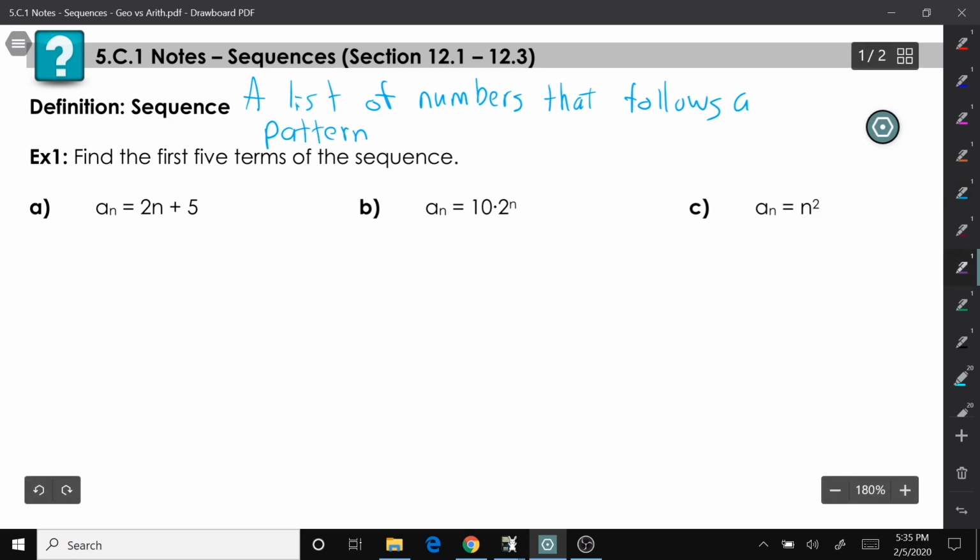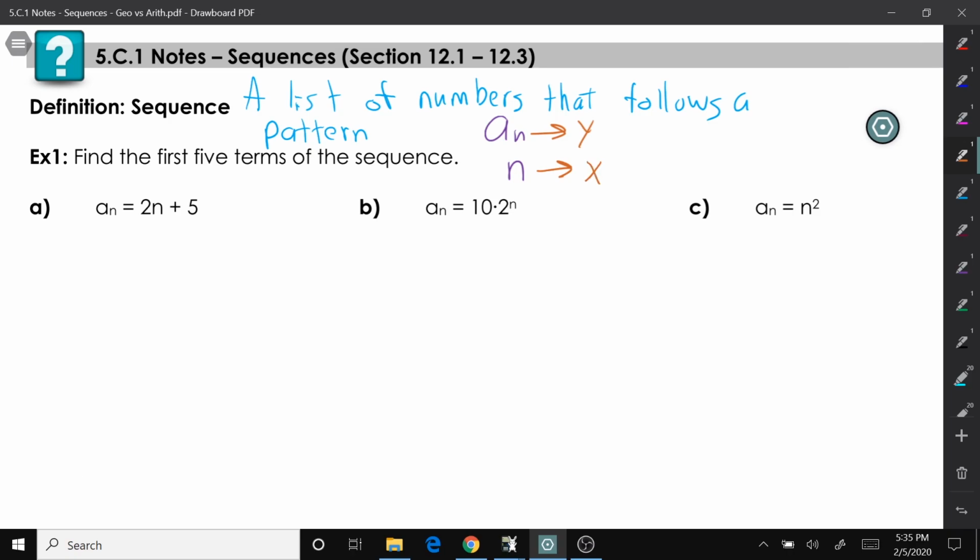All right, so a couple different notations we have. We have an, and then we have n. You can kind of think of an as our y or f of x, and n is like our x value. So we can relate this back to working with functions.